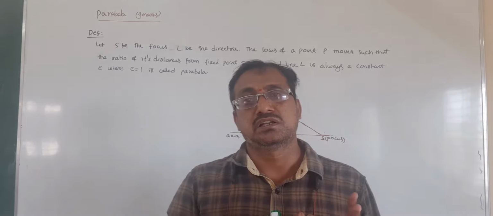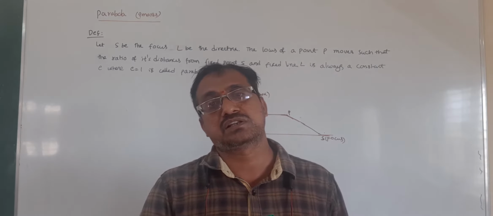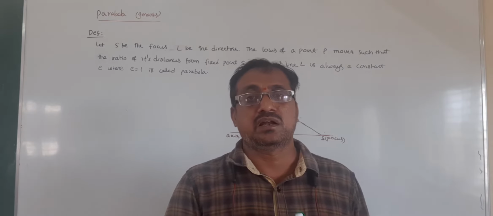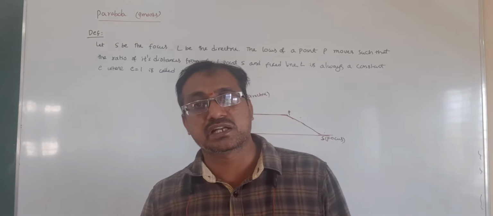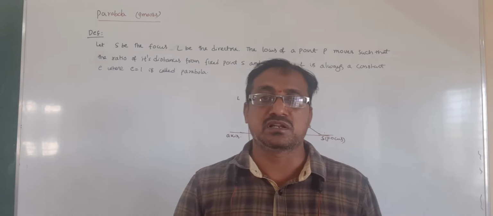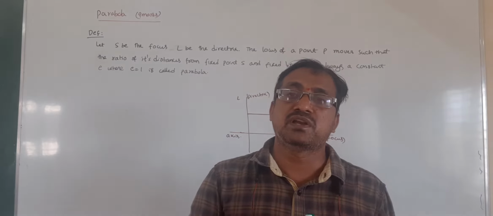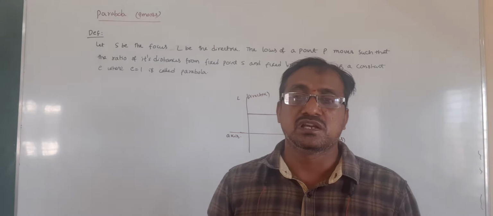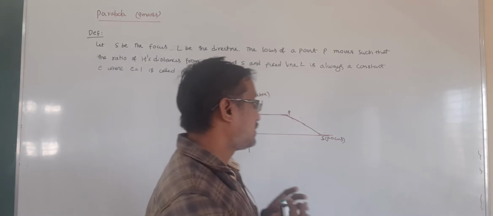That means the distance from the focus to the point and from the point to the directrix is always equal. That is, SP by PM is equal to 1 is called a parabola.